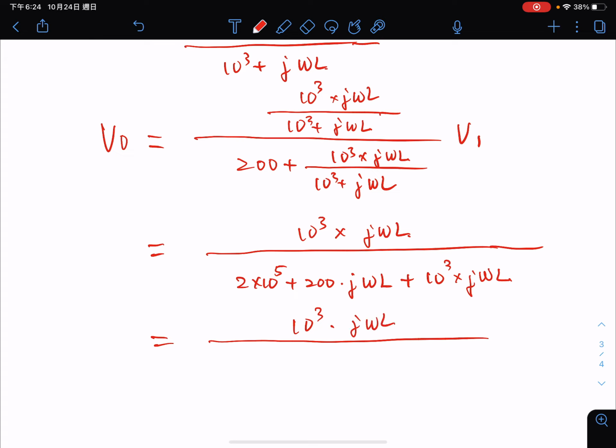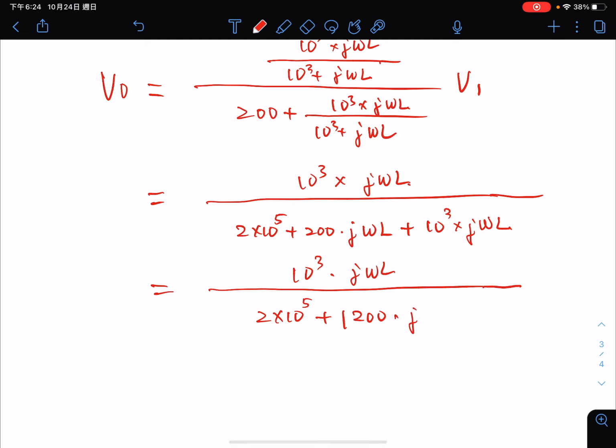For j omega L, we have 2 multiplied by 10 to the 5 plus 1200 multiplied by j omega L. And let's try to simplify, this will be 2 to the 10 to the 3, right?